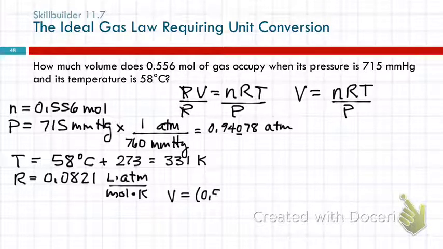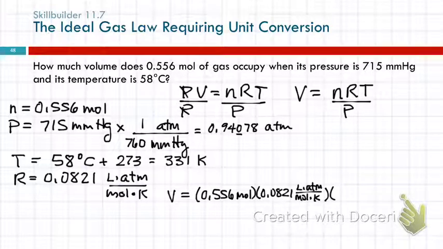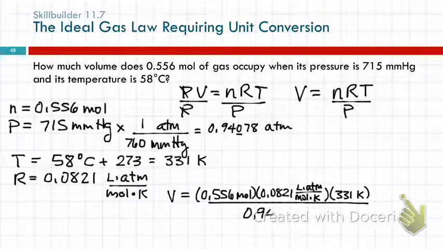They didn't do that to us here. 0.556 moles times R, 0.0821 liters times atmospheres divided by moles times Kelvin, times the temperature, 331 Kelvin, divided by the pressure, 0.94078 atmospheres. All my units are working out like I had hoped.